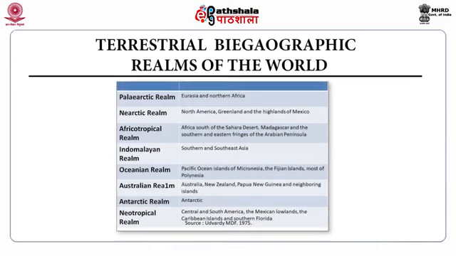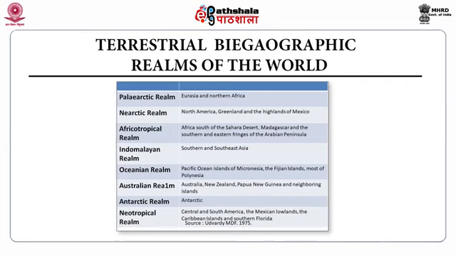In this table, the terrestrial biogeographic realms of the world have been tabulated. The Palearctic realm includes Eurasia and Northern Africa. Nearctic realm has North America, Greenland and the highlands of Mexico. Afrotropical realm includes Africa, south of Sahara Desert. Indo-Malayan realm, southern and Southeast Asia.